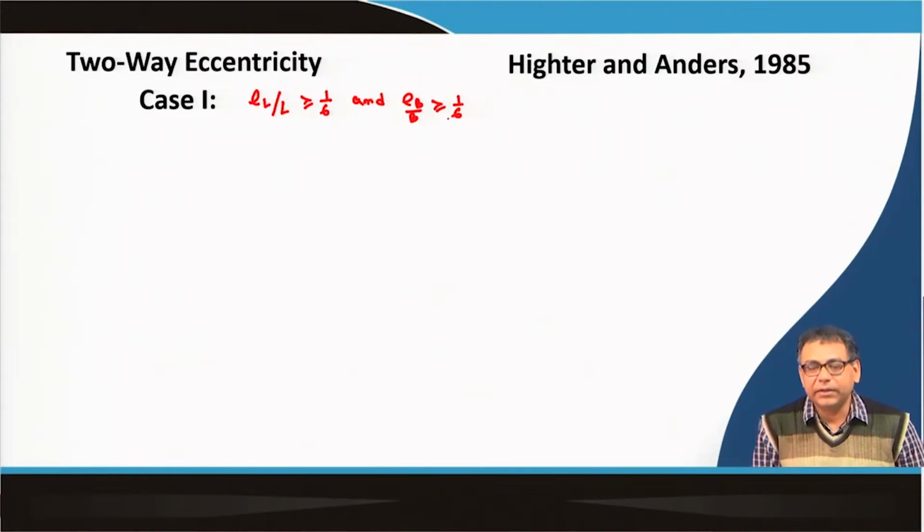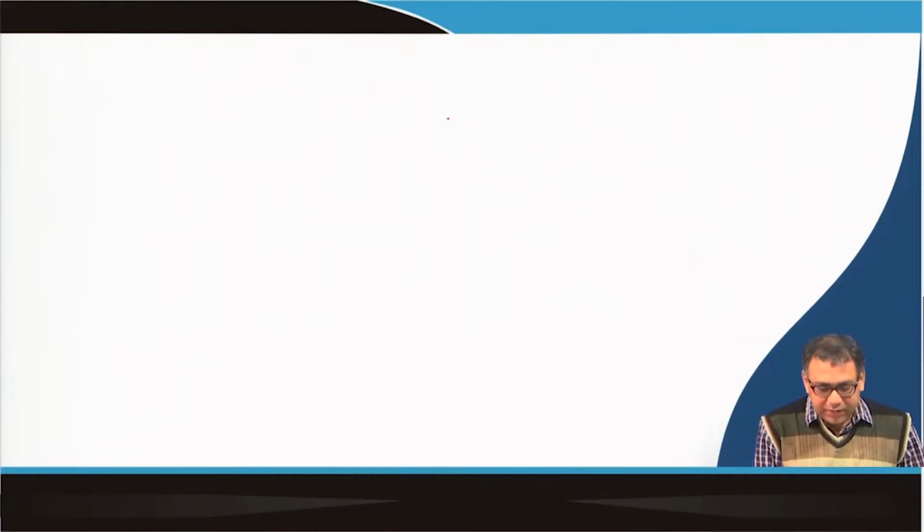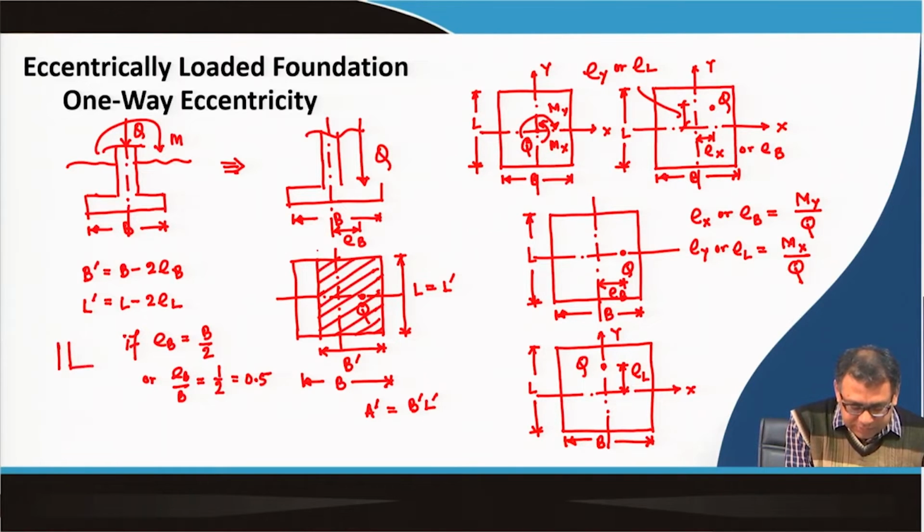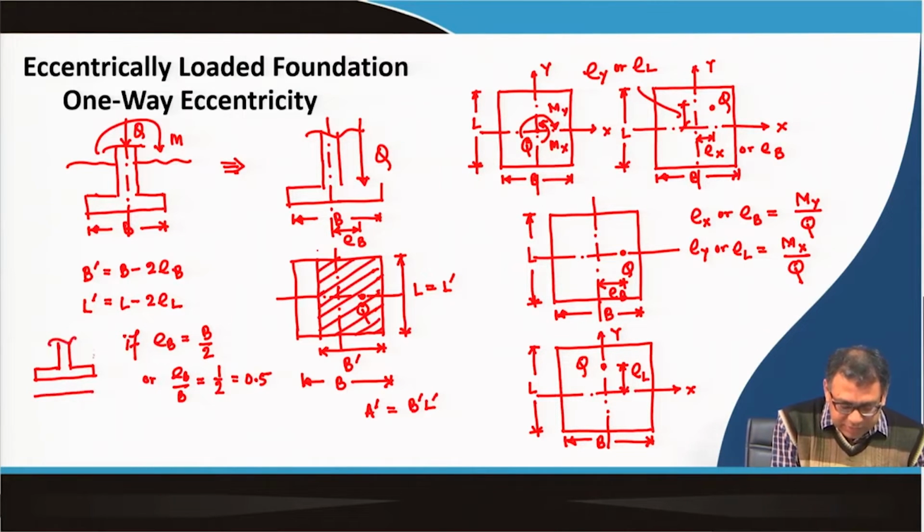Because if the footing eccentricity is greater than 1 by 6, in case of say one way eccentricity, then in case of the pressure distribution, this is my pressure distribution, because as the loading is now eccentric, this will be the pressure distribution.